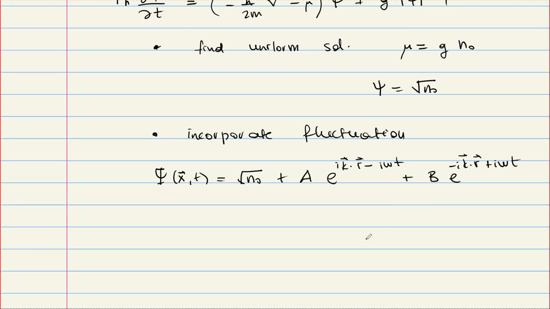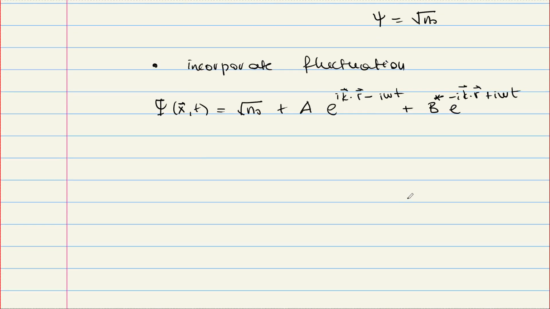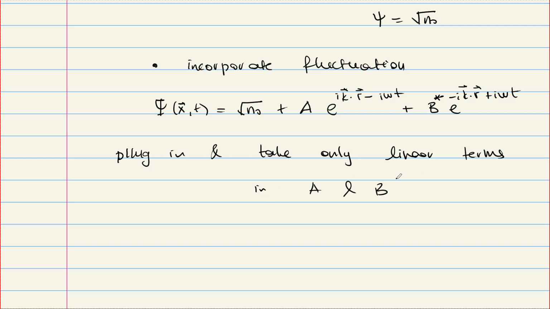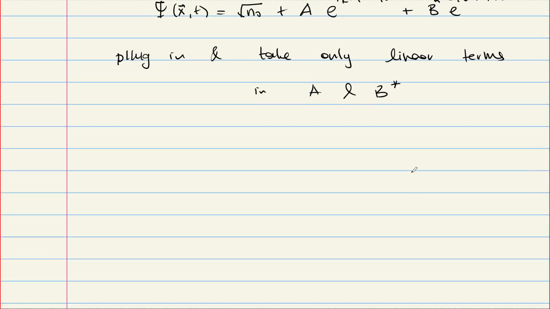And it's actually nicer to put B star here for no reason other than aesthetics. And if you do that, plug in and take only linear terms in A and B star, what you are going to find is something like that.